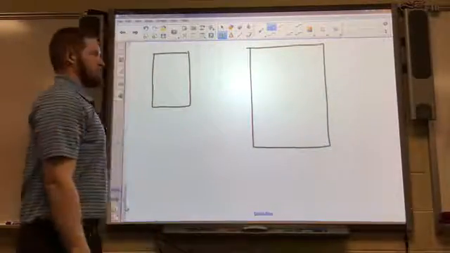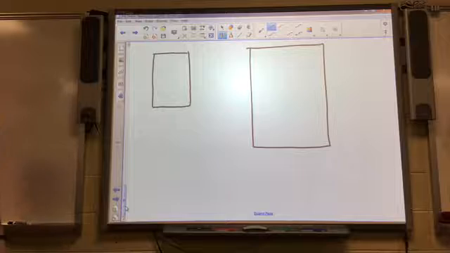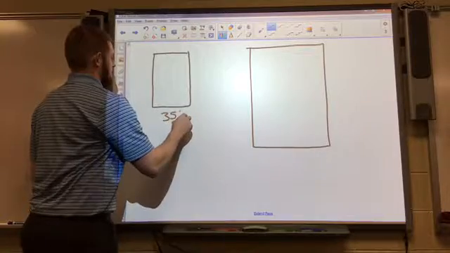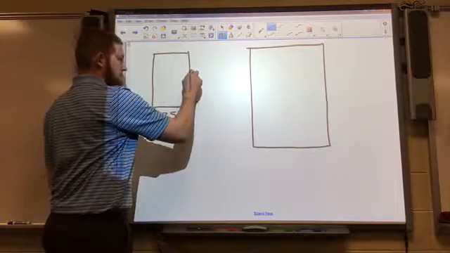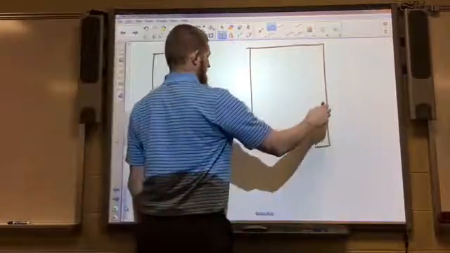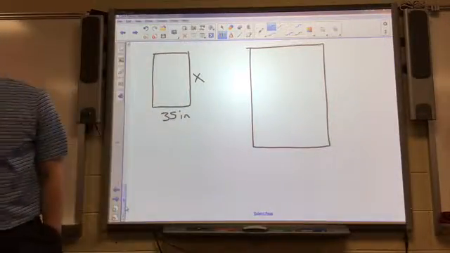Okay, maybe it's 2 different sheets of paper, maybe it's 2 different pictures, whatever it be. And they tell you that this side is 35 inches. This side we don't know. This side is 175 inches.